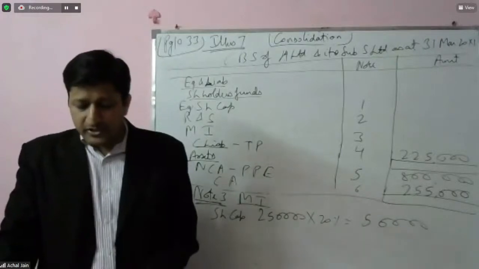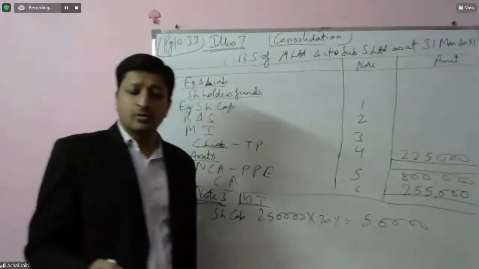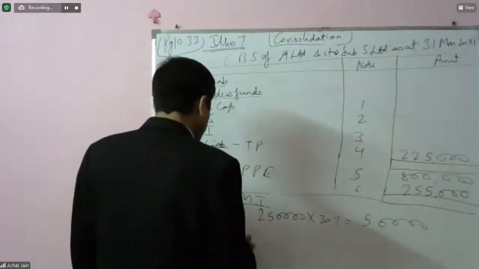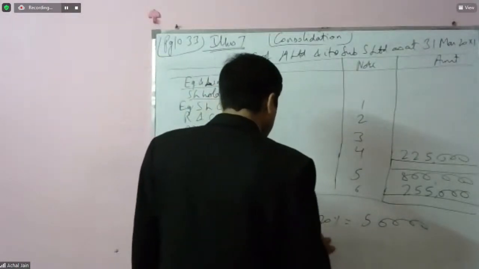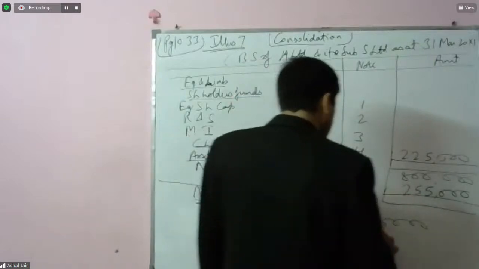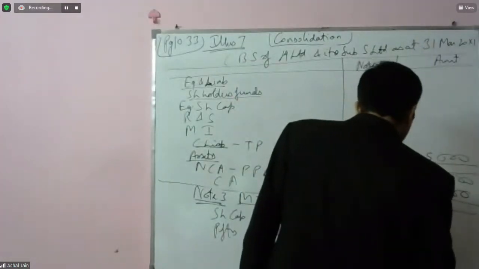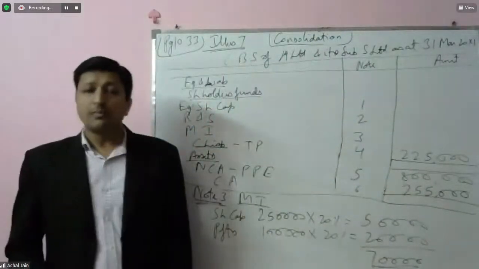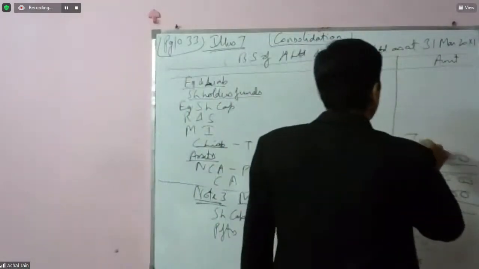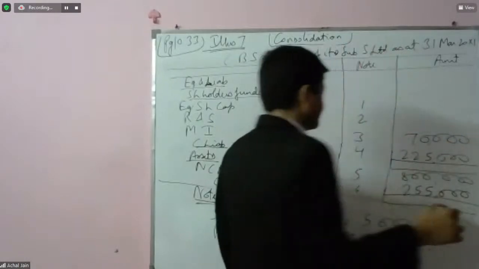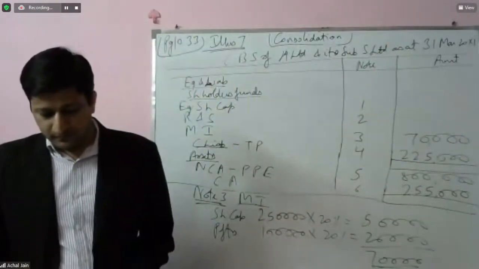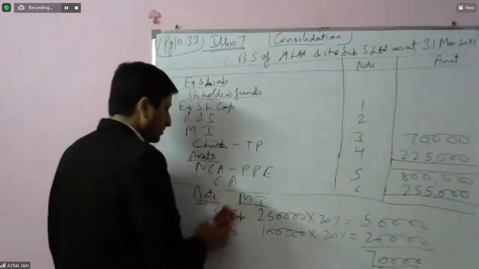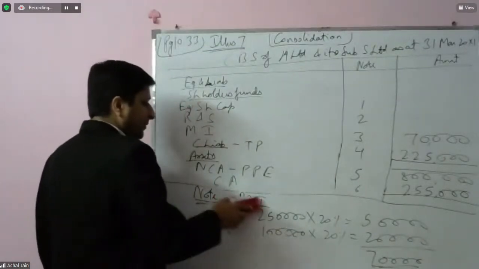Then the share of profits, 1 lakh into 20%, so this is 20,000. So minority interest is 70,000. Okay. Then we'll move on to note number 1, share capital.